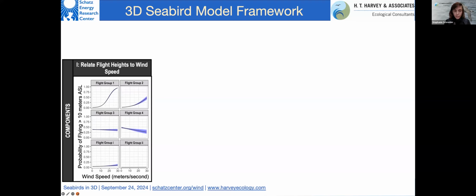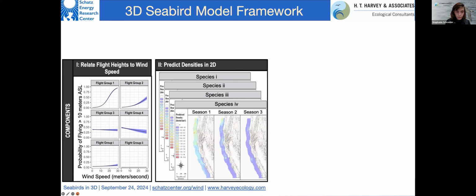This graphic has wind speed on the x-axis and then probability of flying. We'll get into this more, but basically we're relating how birds fly, at what heights, and how the wind is.